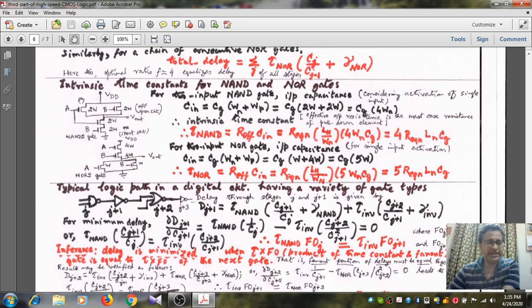And one thing let me tell you, as you have said, we have to consider activation of a single input. Assume that there are two inputs A and B. Let us assume that the input B is permanently at logic 1. If it is so, then this PMOS transistor will never be on, so it is permanently off. Off means it will behave like an open circuit, or it will present an infinite resistance.